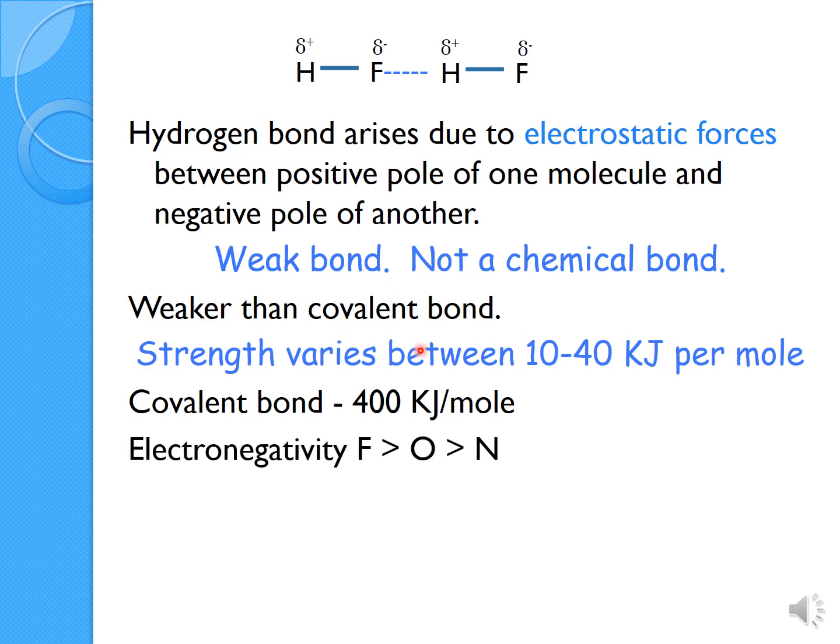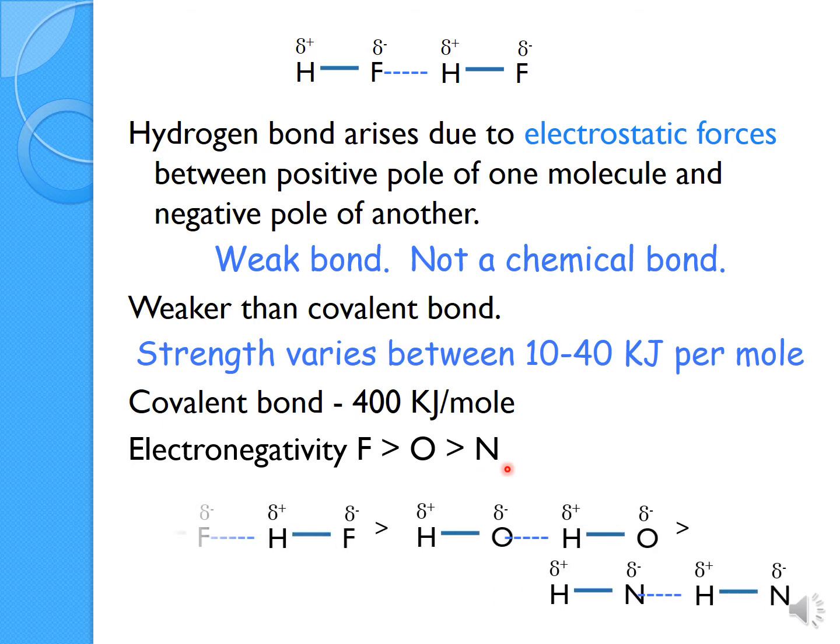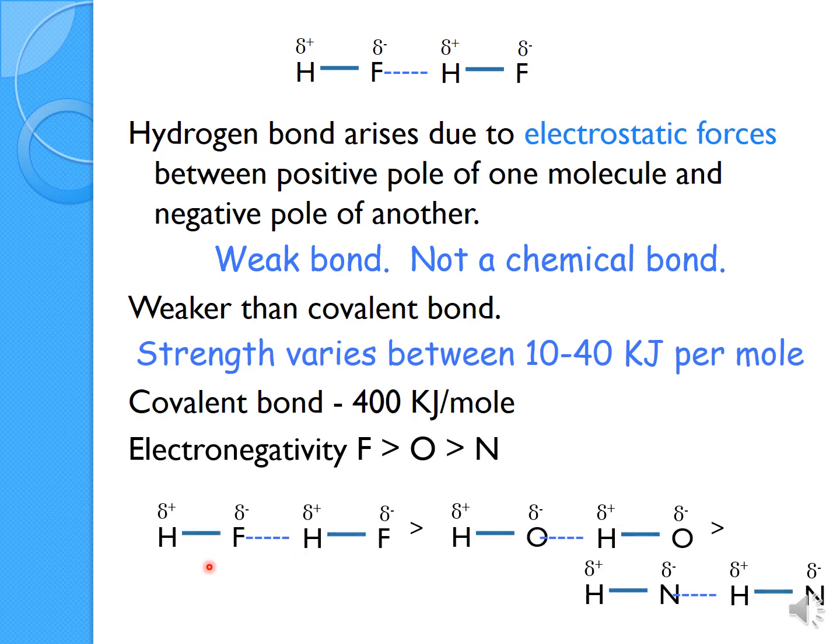Now let's compare the electronegativity of fluorine, oxygen and nitrogen. As we have studied in the earlier semesters, fluorine is much more electronegative than oxygen and nitrogen. Because of this, the strength of the hydrogen bond in an HF molecule will be much greater than the strength of hydrogen bonds between hydrogen and oxygen, and also hydrogen and nitrogen.